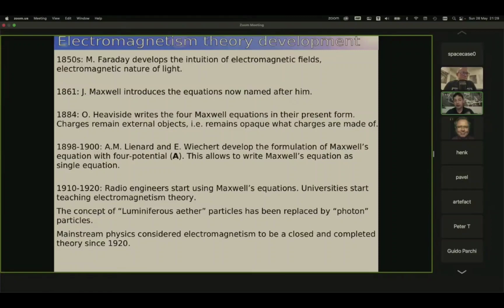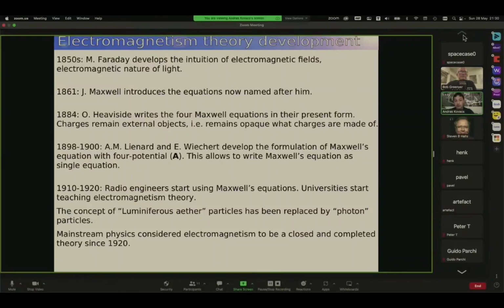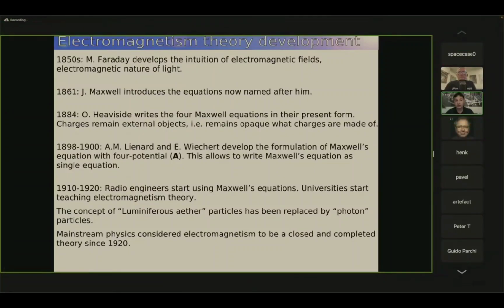And then the electric and magnetic fields are derived from this 4-potential object. So this approach allows one to write Maxwell's equations as a single equation. So that's quite a good step forward. Now we have only one equation that describes all of electromagnetism. And this is the formulation that I have learned at university. And today, I believe, physics students still learn this 120 years old formulation of electromagnetism.